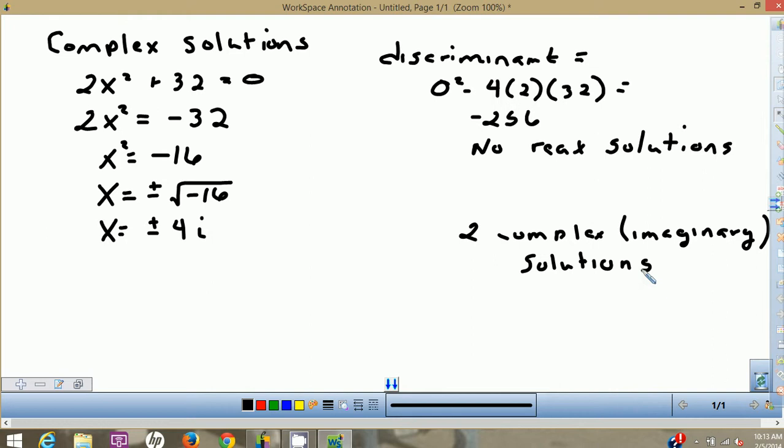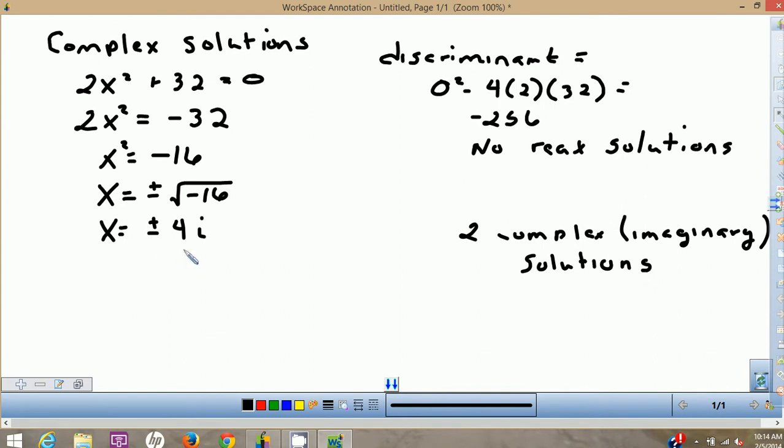In this case, those complex solutions do not translate into an x-intercept. They are considered to be solutions to our quadratic, but they don't make x-intercepts. So this would graph in such a way that it never crossed the x-axis.